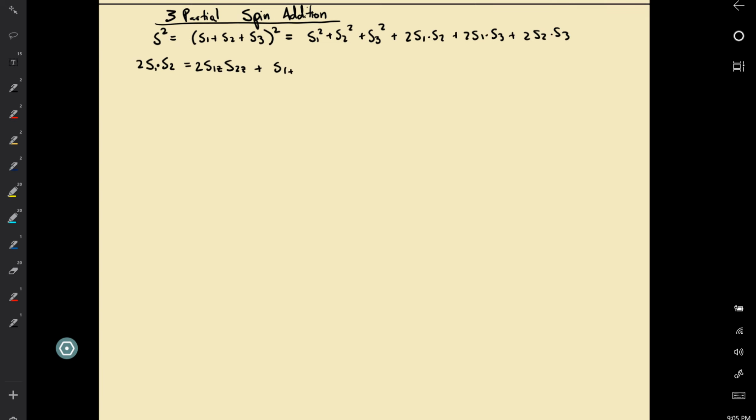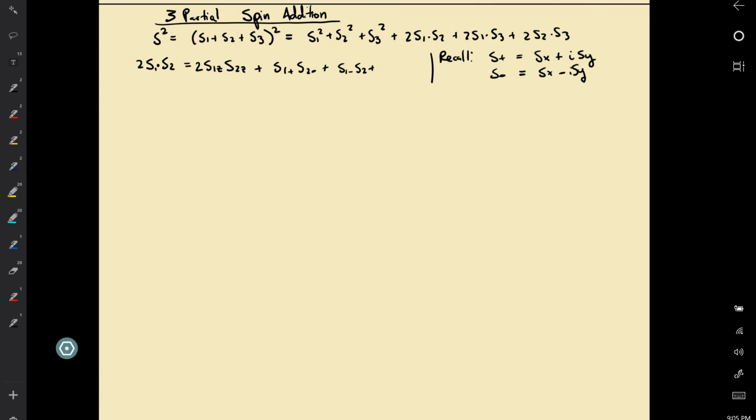So we'll have s1 raising times s2 lowering plus s1 lowering times s2 raising. Just recall, in case you forget, that the raising operator for spin is just spin x plus i spin y, and the lowering operator is just the complex conjugate.